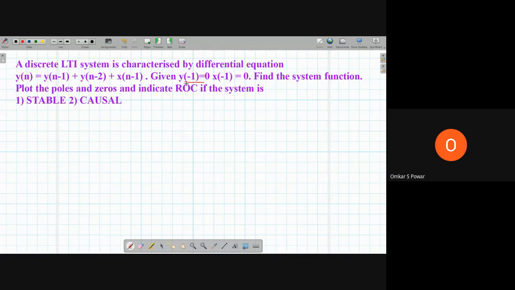Given these two conditions, y of minus 1 is equal to 0 and x of minus 1 is equal to 0, you have to find the system function. Here they have asked for the system function. If you remember, go back and you will see I have explained what is meant by transfer function, what is meant by system function, everything. Then you have to plot the poles and zeros. Then indicate the region of convergence if the system is stable and if the system is causal.